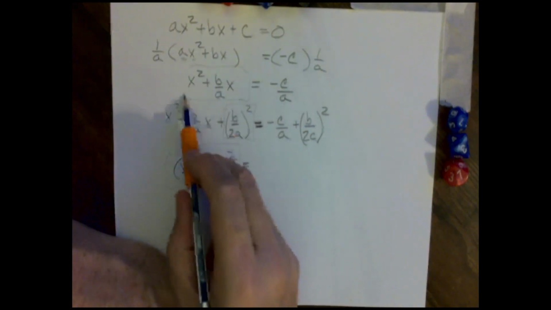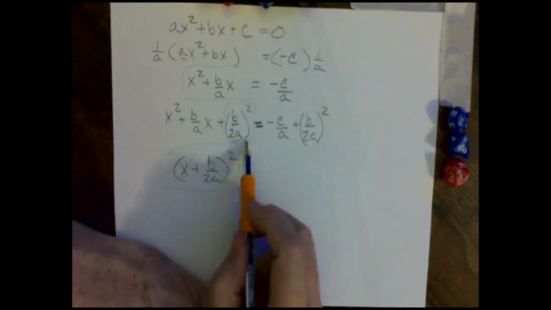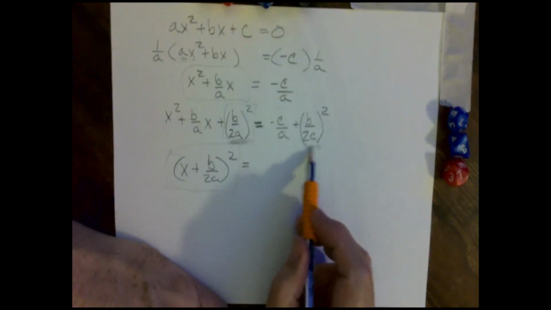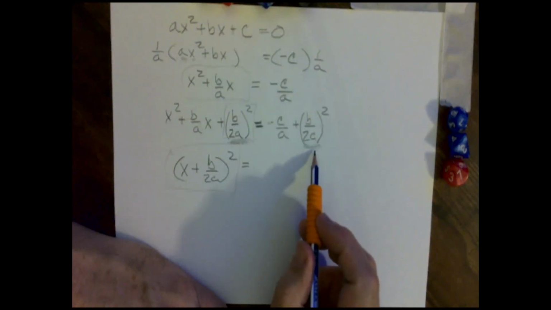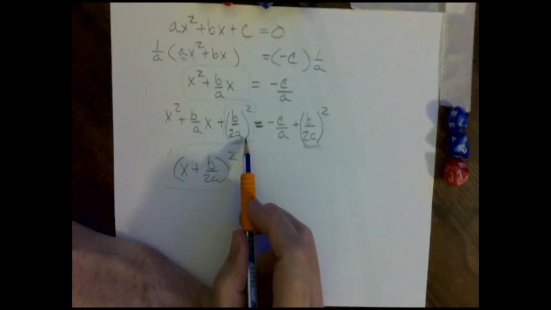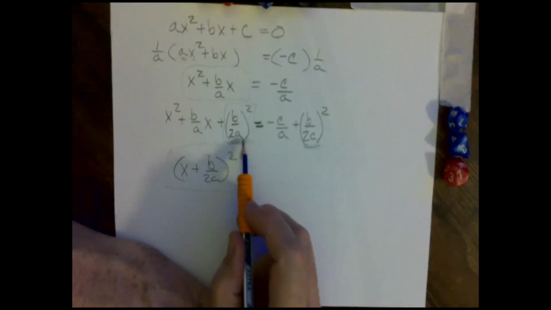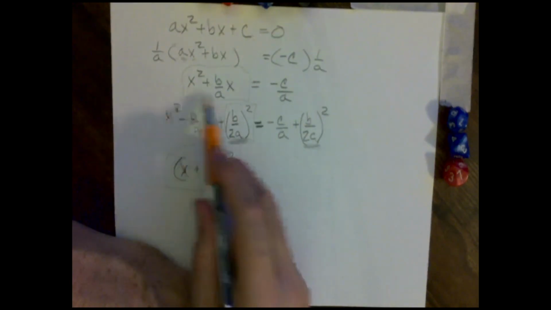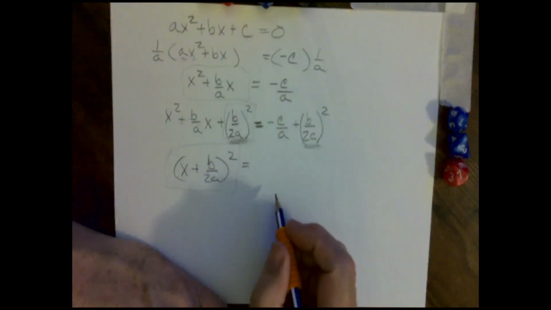Went from here, adding this quantity. And this is a choice, I didn't have to add this. Why did I choose this? This choice is made so I could write this trinomial as a square.